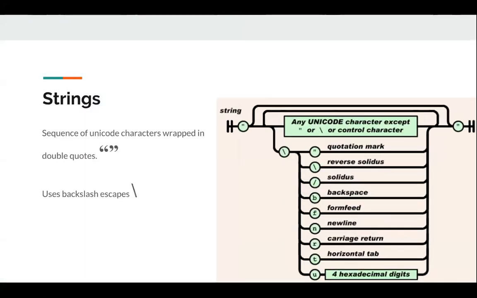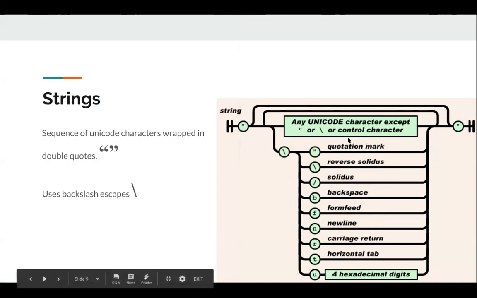And then strings. Let's talk about strings. This is one of our values. It's just a sequence of Unicode characters wrapped in double quotes, and you use backslashes to escape things when you need to escape them. There are also control characters for some of these other letters that you can see here.